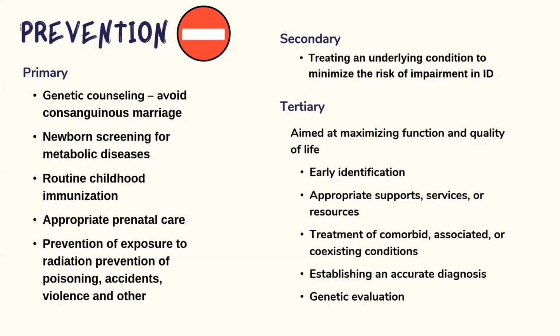An example is if a child has hypothyroidism, we can give thyroid hormone replacement. We can also treat the vision and hearing impairment that may be associated with ID, and manage the seizures or any other coexisting medical disorder.